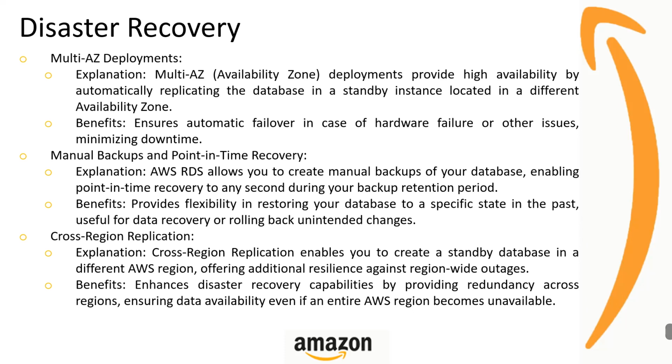See, our AWS RDS is kept in an availability zone, right? So it means there is a machine, maybe it will be destroyed in any region, right? So disaster recovery.